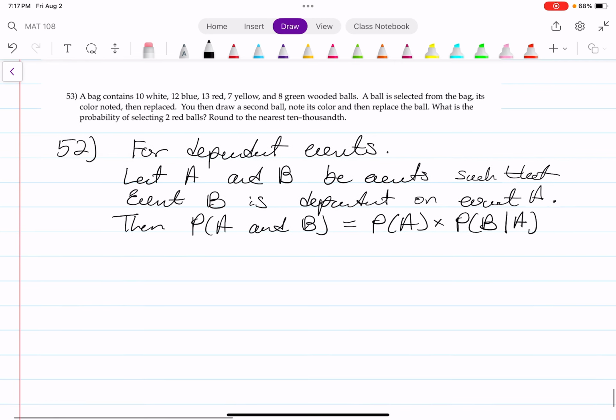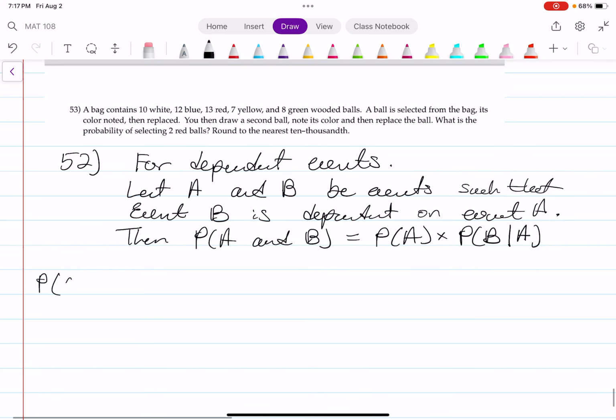So in our case, for 52, to find the probability that both marbles are red, that is the probability that the first marble is red and the second marble is red.